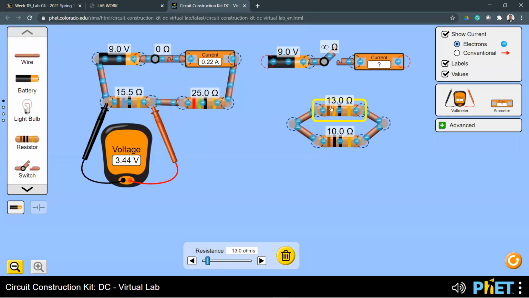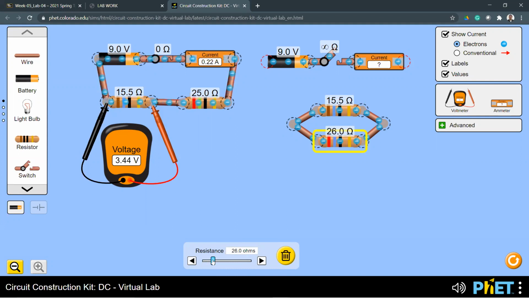If you click on the resistor, the yellow line appears, then you can change the resistor values. Since you used this simulator earlier, I think those are familiar to everyone. If not, always ask. Okay, 15.5, and then the second resistor will do the same number, 25.